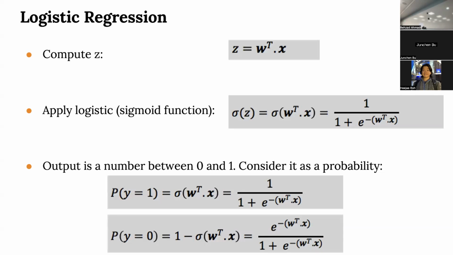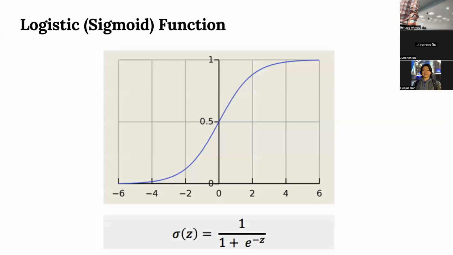You apply the logistic or sigmoid function on that Z and convert it to a number between 0 and 1, which you can now consider a probability. And probability is easy. From this point above, you can say this is a 1. Below this point, you can say this is a 0. But you also have a probability associated with that, which is good.